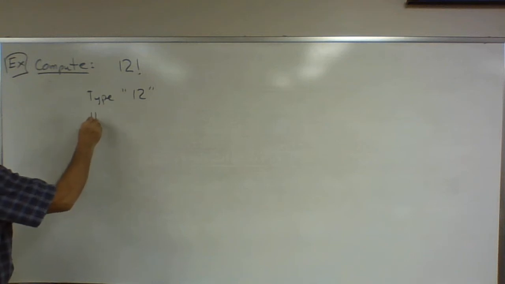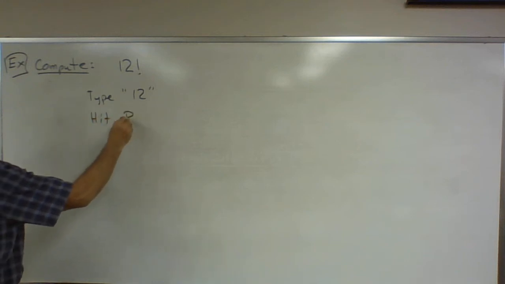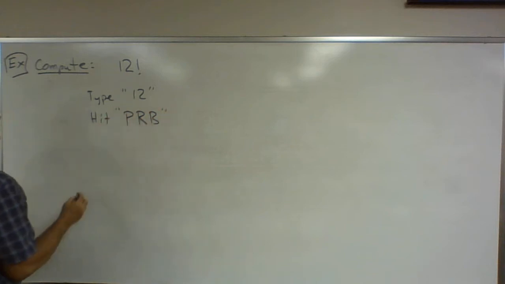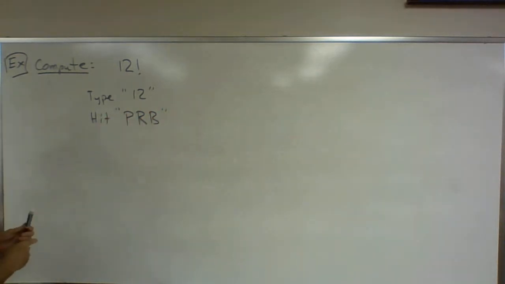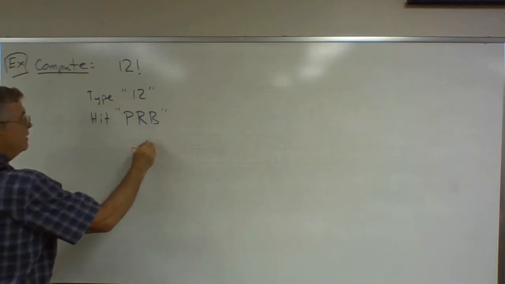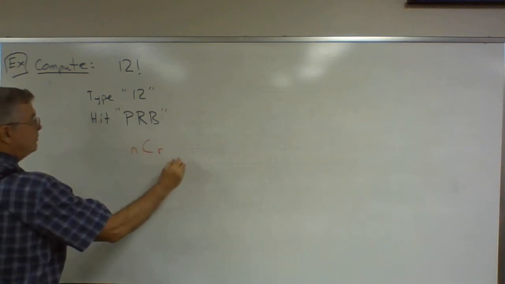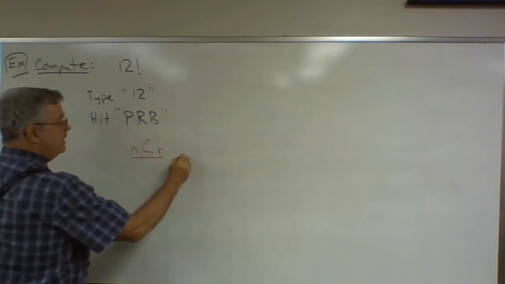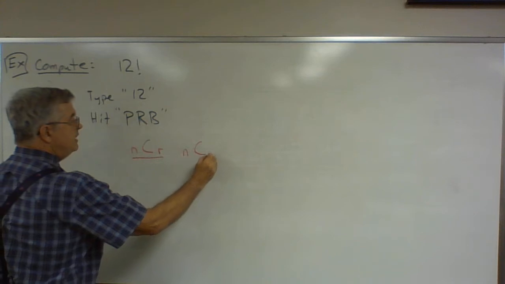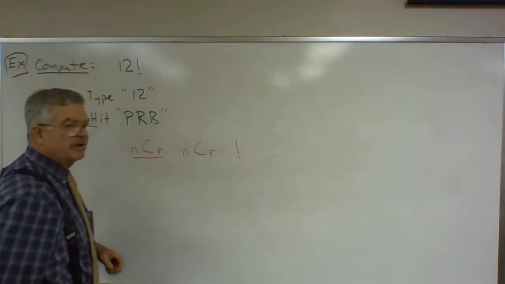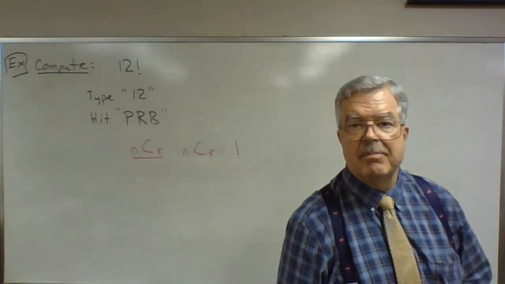And then we'll hit the probability key. And this is what we're going to see. We're going to see NPR, NCR, and factorial. Is that showing up? I guess it is.